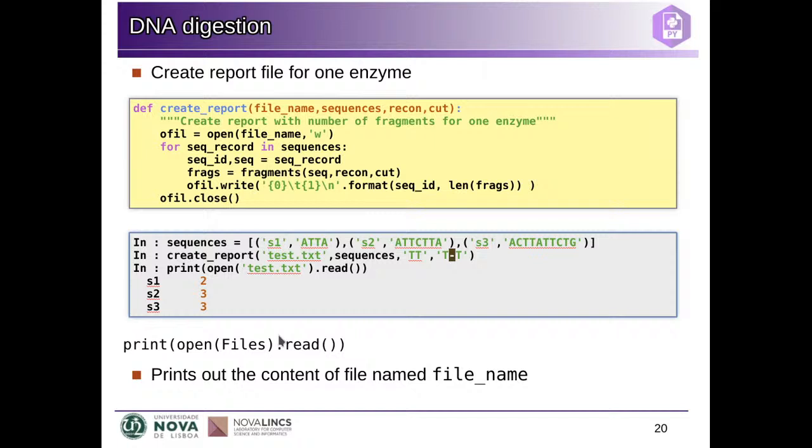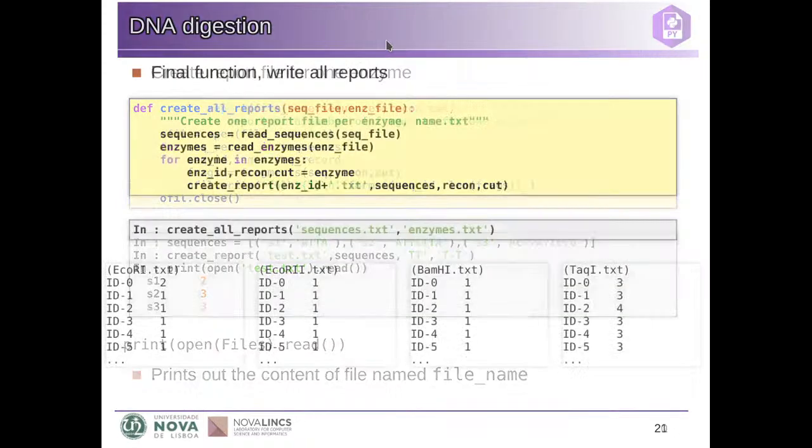So you can either open it with a text editor to look at the file, or you can just print the result of opening the file and reading everything. So it reads everything in the file as a string, we print it out, and this is the content of the file. So for string 1 we obtain 2 fragments, it cut here. For string 2 we have 3 fragments, it cuts in two places, and for string 3 also 3 fragments. So this is one quick way of checking if the function worked.